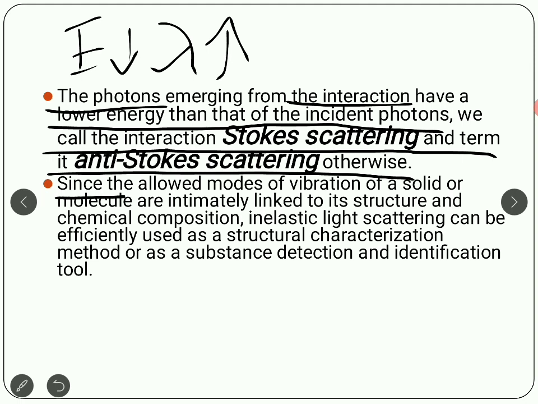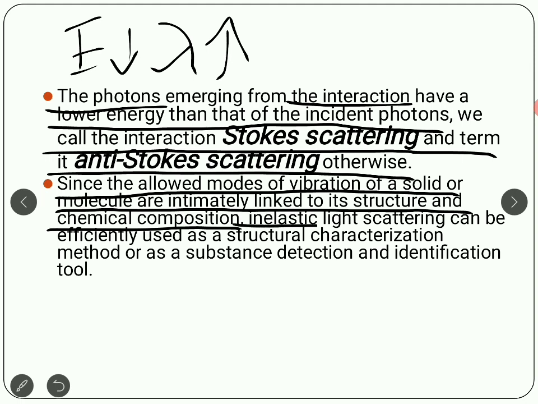So since the allowed modes of vibration of a solid or a molecule are intimately linked to its structure and chemical composition, whether you get a Stokes scattering or an anti-Stokes scattering will totally depend on the structure and the chemical composition of the material.